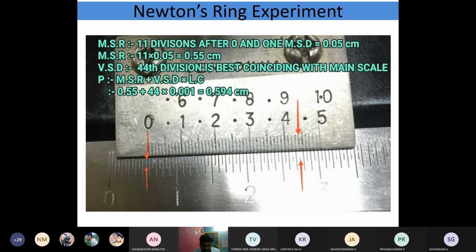So here is 5. We can see that the value is located in between 0.5 and 0.6.